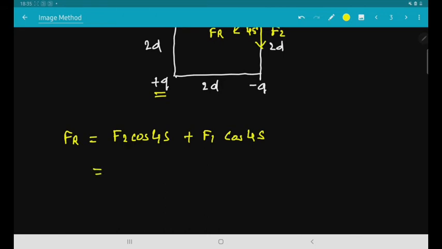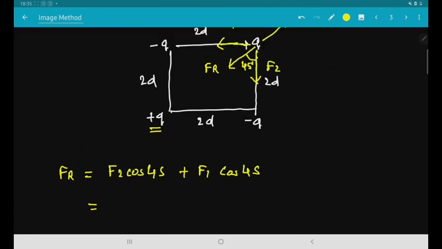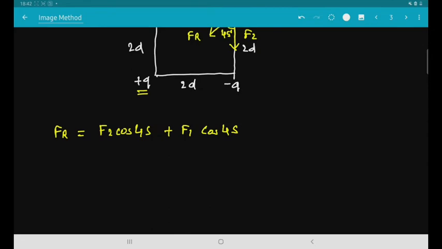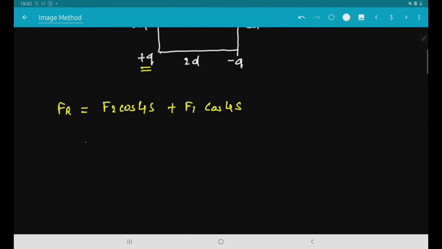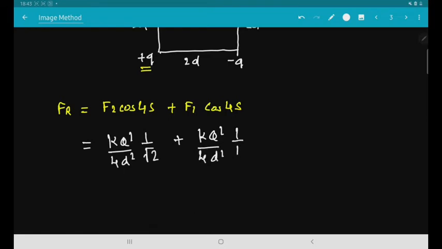So F2, put the values here. F2 will be equal to kq square by 2d square, that means 4d square we will have, and cos 45 means 1 by root 2 we will have, plus we will have the same value, kq square by 4d square, times 1 by root 2.